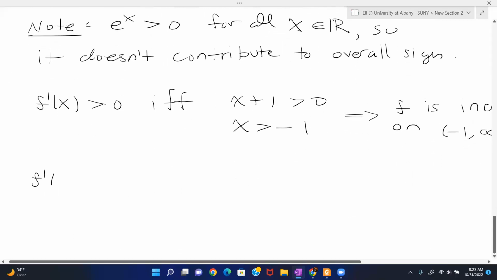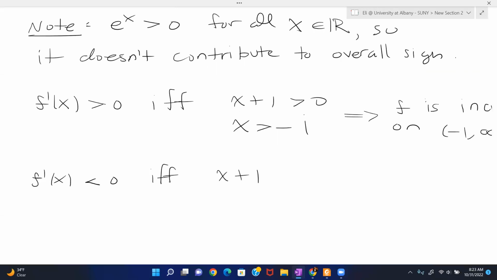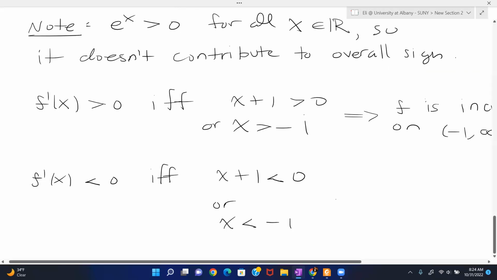So now when is the derivative negative? Well, I think it's pretty clear that it's negative if and only if that first factor, x plus 1, is negative. This is what determines the sign of the derivative. So x plus 1 is negative, or x is less than -1.